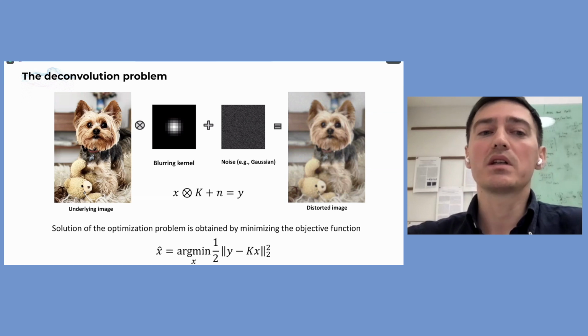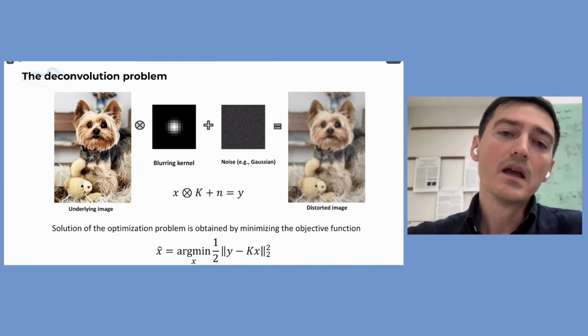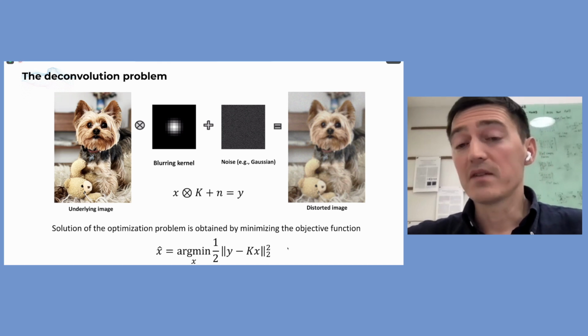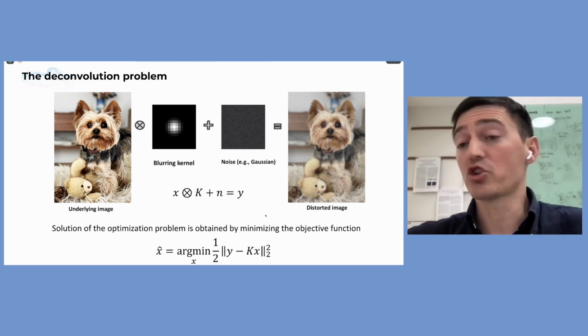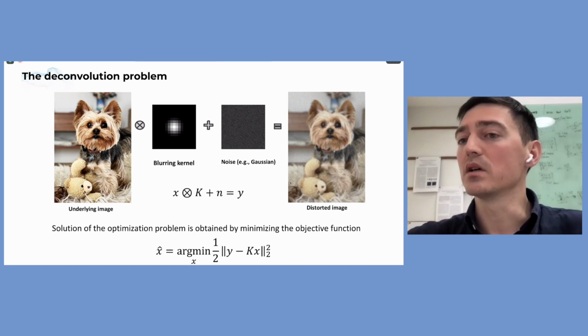And instead of working in the image domain, it's natural to tackle this problem in the Fourier domain. However, in the presence of noise, the problem becomes really difficult, and you do need to solve an optimization problem with the addition of your favorite regularization, so that this ill-posed problem actually becomes solvable, and you obtain some physically meaningful solution.